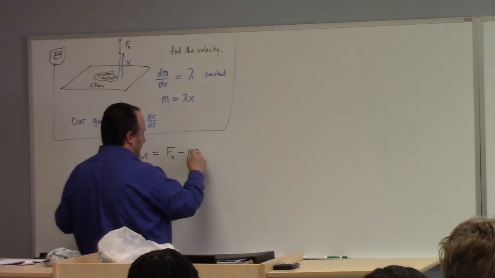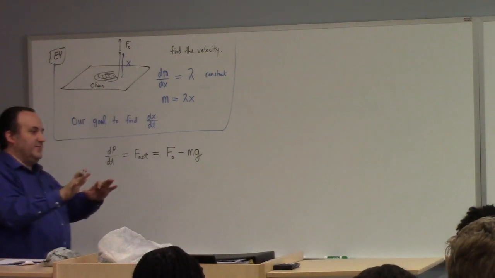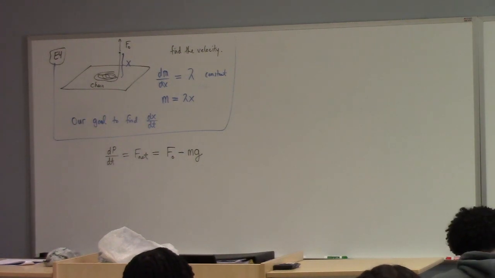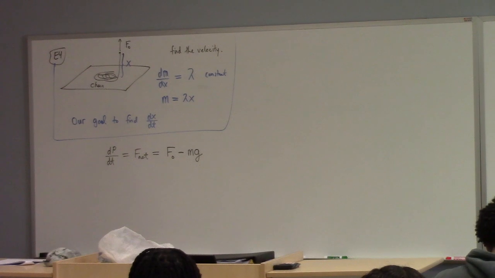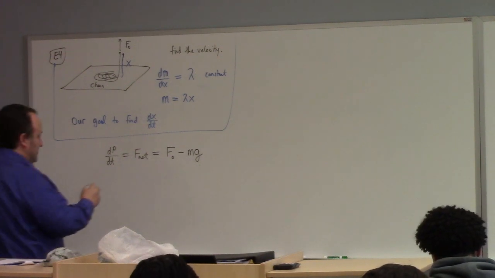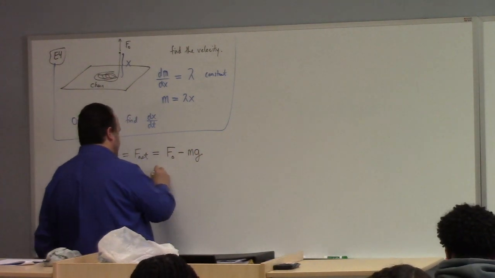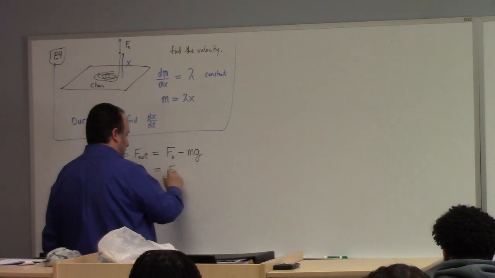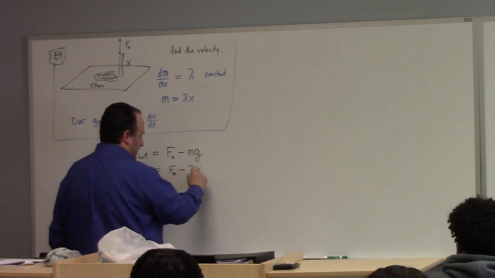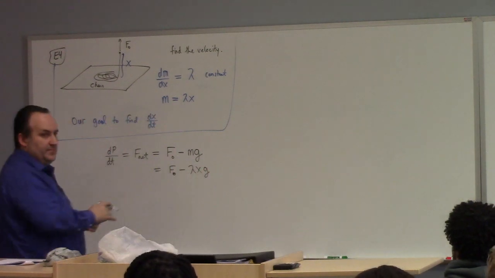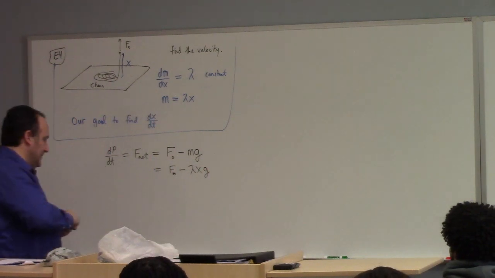Minus mg, which would be lambda xg. You could write that as F naught minus lambda xg, that is true. There we go. Okay, so let's get into it then.